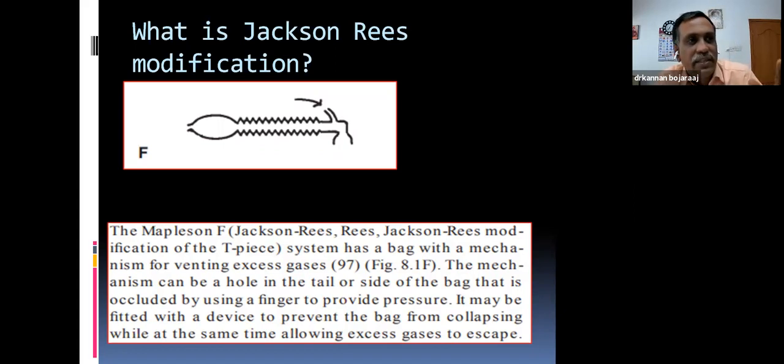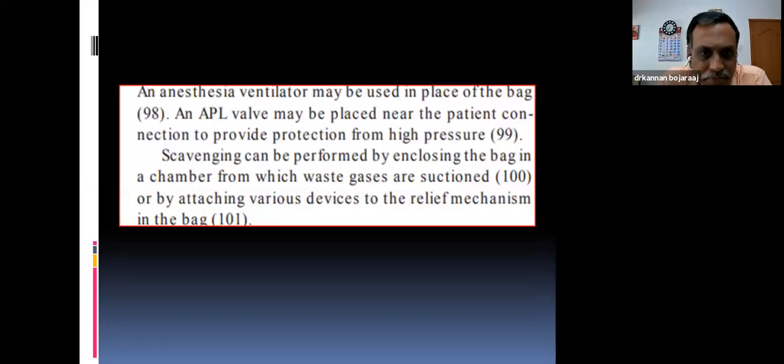The pediatric patient's FRC is very low compared to adult patients, and CPAP will increase the FRC, the functional residual capacity. Okay, these are the 3 advantages of adding the bag inside the circuit. Thank you.